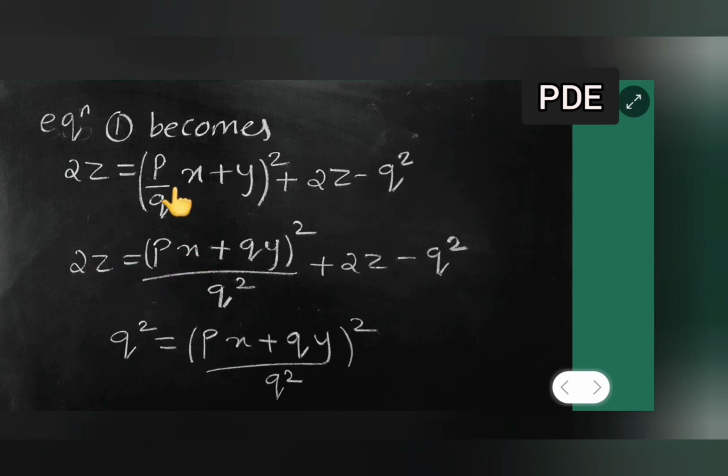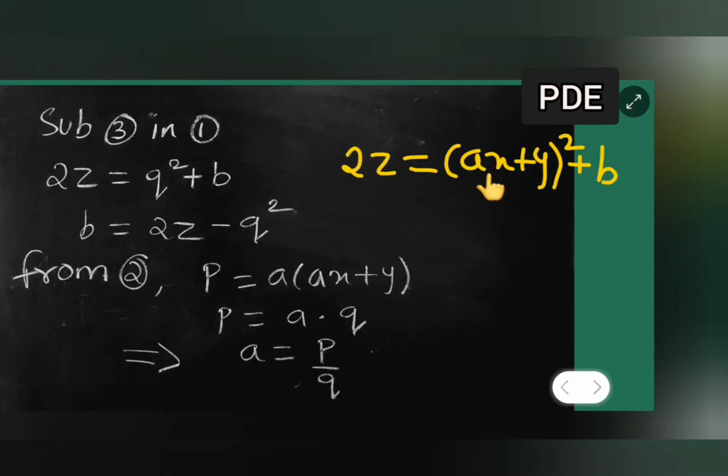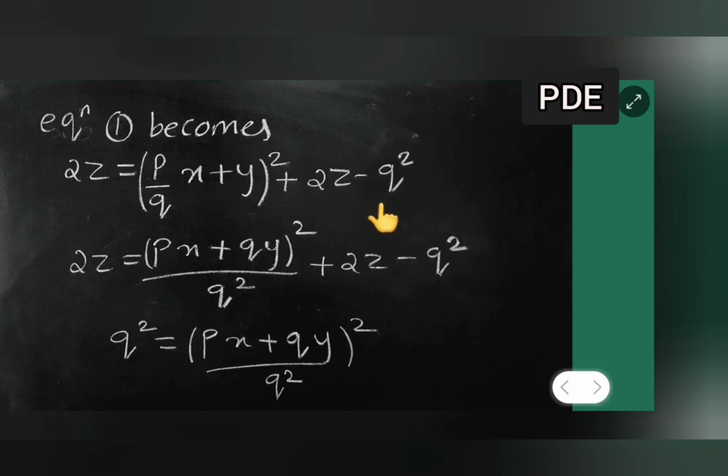So 2z is equal to, what is going to remain? px plus, so here I have placed the value of b, that is 2z minus q, the whole square. 2z, write it as it is, equal to (px plus qy) the whole square upon q square, plus 2z minus q square.